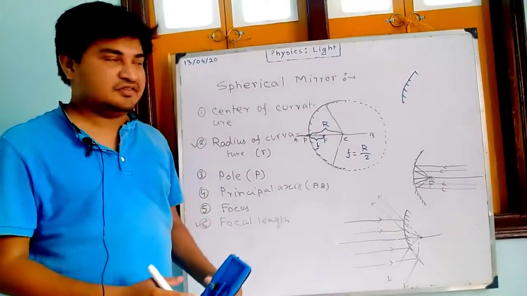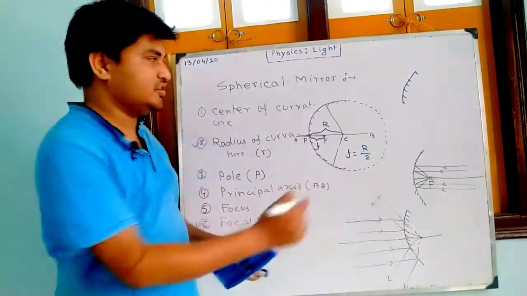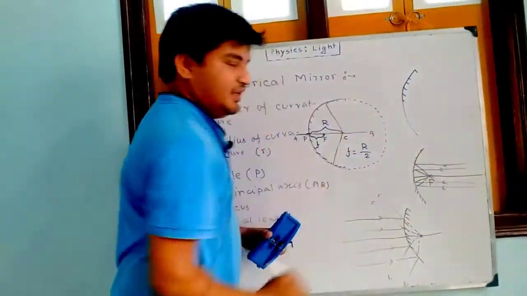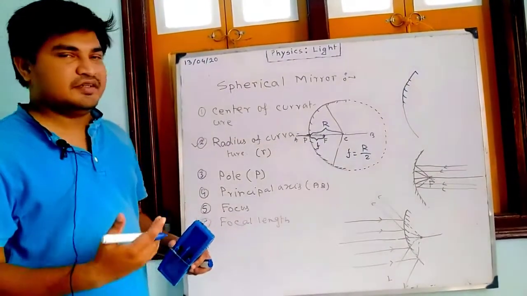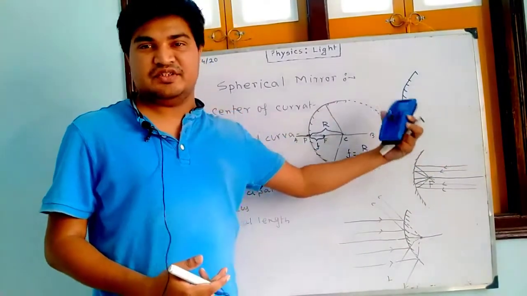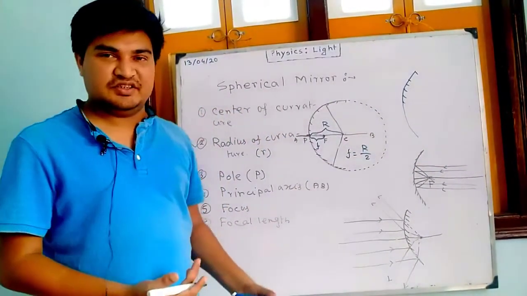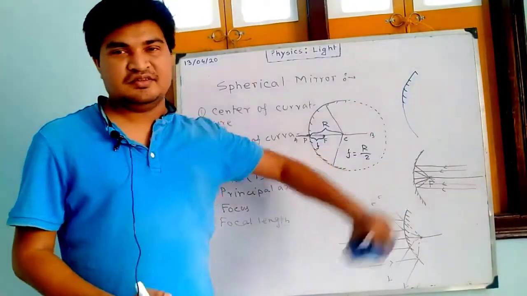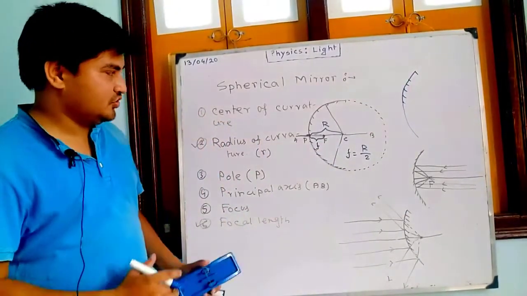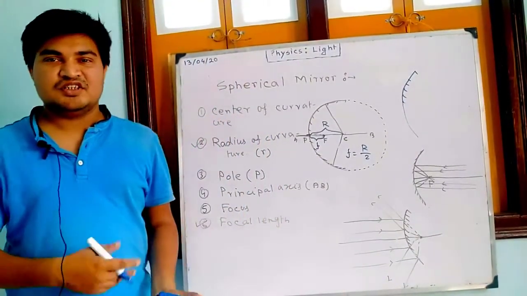The answer is yes. It will produce the same type of image as the full mirror, but the intensity, that is the brightness of the image, will be reduced from its original, while other properties of the image will remain unchanged. Understood? So these are the different terms related to spherical mirrors.